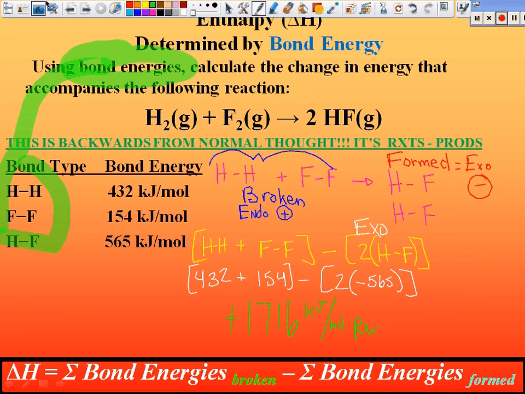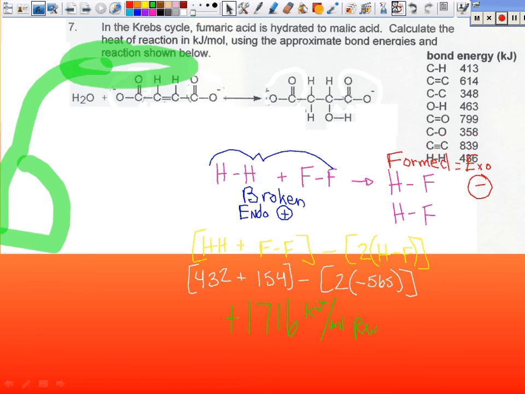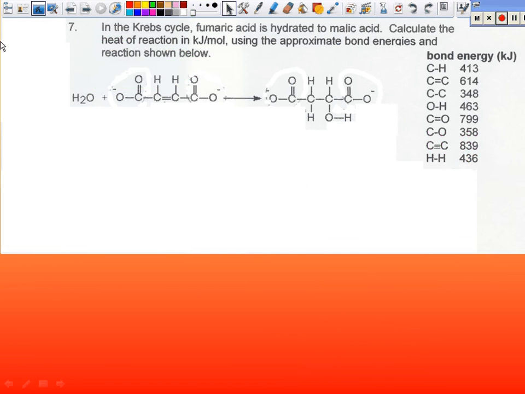Okay. In the Krebs cycle. What is the Krebs cycle used for? It's part of photosynthesis. Fumaric acid is hydrated to malic acid. Calculate the heat of reaction in kilojoules per mole using the appropriate bond energies and the reaction shown below.